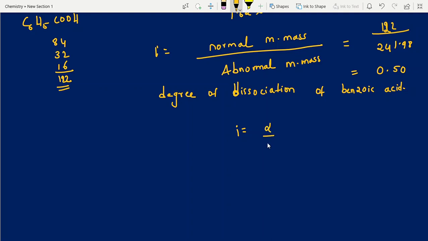Alpha by n. Alpha equals 1 into n. Right. Alpha equals, what is this i value? 0.50. Into, how much, students?